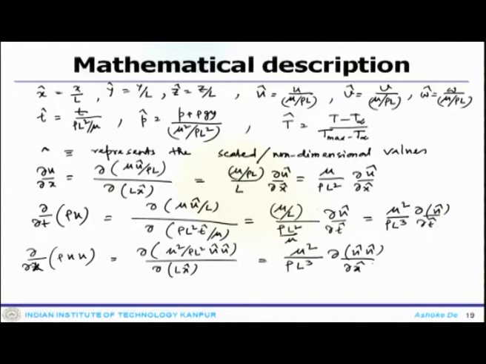You can do other terms also, like for example, the pressure term. So, this will become P plus rho g y divided by mu square by rho L square. So, if you transform them and then take the term of del P by del x, this will become mu square by rho L cube del P hat by del x hat.